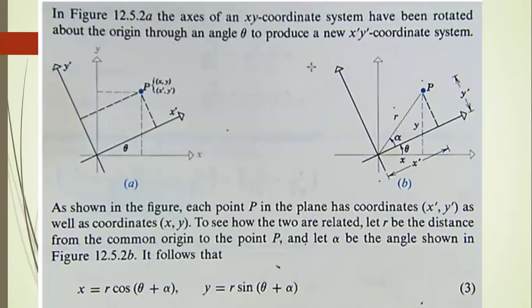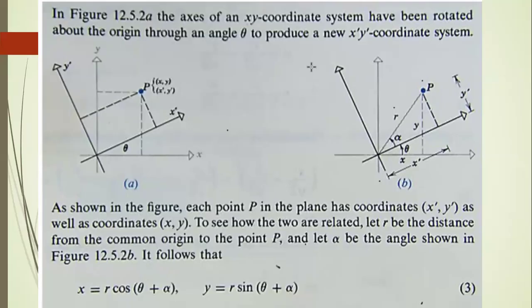what we have here now is the xy coordinate system. It says in figure 12.5.2a, the axes of an xy coordinate system have been rotated about the origin through an angle theta to produce a new x prime y prime coordinate system.